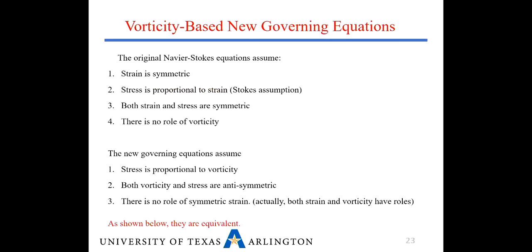Okay, strain is symmetric. Stress is proportional to strain. In the Navier-Stokes example, both strain and stress are symmetric. There is no role for vorticity. Well, what's the new equation? Stress is proportional to vorticity. That's just a different answer.